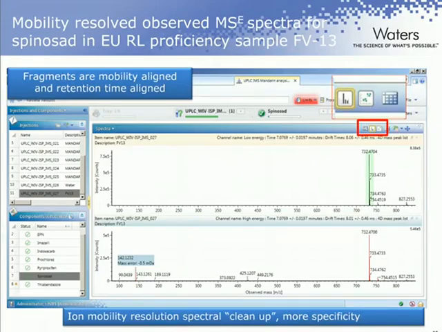And in this particular data set, there are over 52,000 components that have all been used to generate precursor ion and fragmentation ion data with accurate mass. So these fragments can now quickly be put into the scientific library because it's very clear which fragment ions belong to the precursor ion. So we actually have drift time aligned fragmentation as well as retention time aligned fragmentation information.